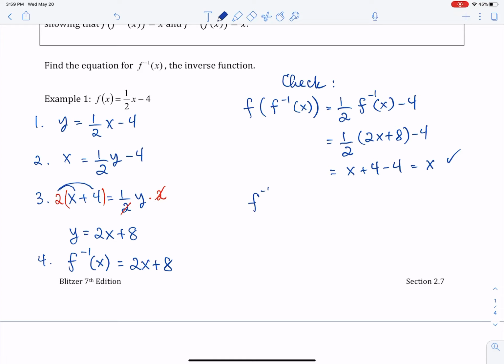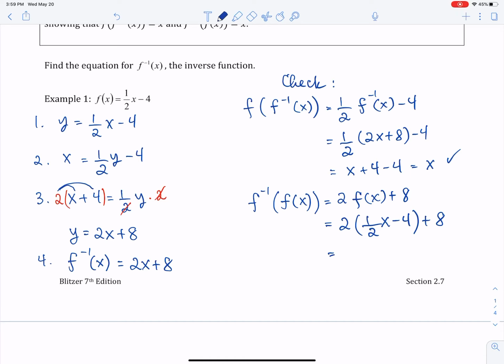We have to do inverse function of f of x also. Is the opposite true? The inverse function is 2x plus 8, so I'm going to put 2 times f of x plus 8. And f of x was 1/2 x minus 4, plus 8.